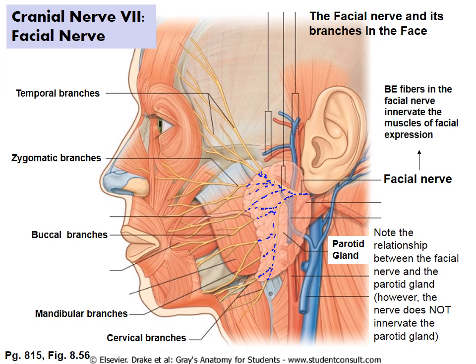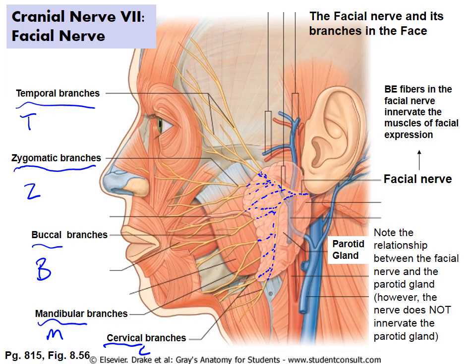So here are 5 peripheral branches of the facial nerve: the temporal branches, the zygomatic, the buccal, the mandibular, and cervical branches. If we take the first letter of each of those, the zebra bit my cheek is a good way to remember those. So, the zebra bit my cheek.